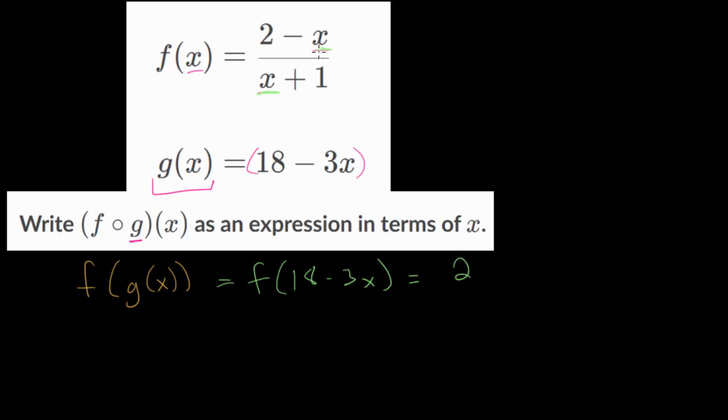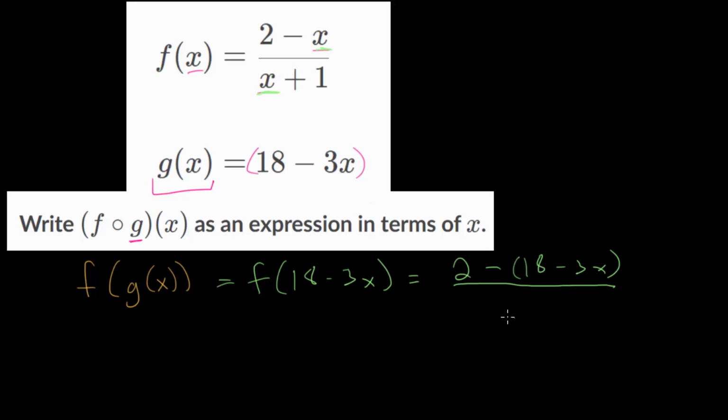Again, in this top function, anywhere we see x, we will replace it with 18 minus 3x. So in the numerator, we have 2 minus x, but that's now 2 minus 18 minus 3x. One piece of advice, I do strongly encourage you when you are substituting to place whatever you're substituting in parentheses. That way you can remember to distribute this negative sign since you're subtracting this entire expression.